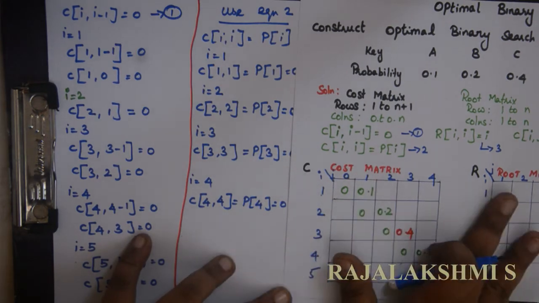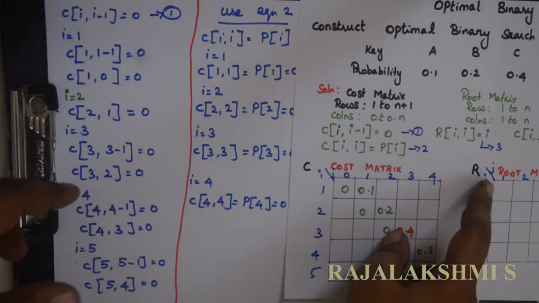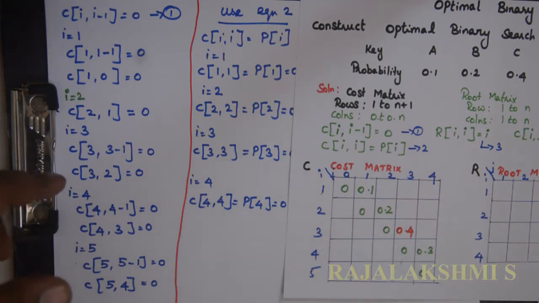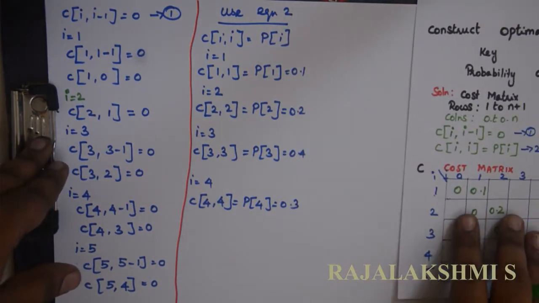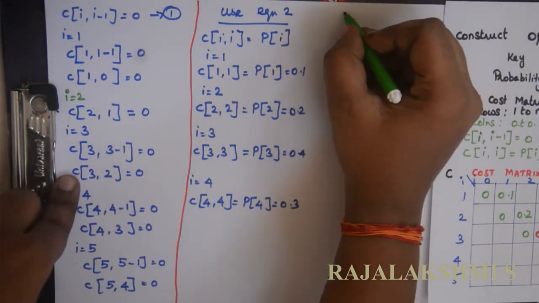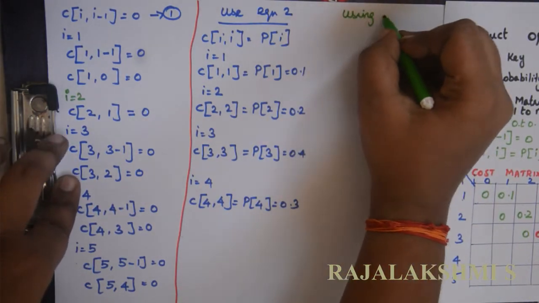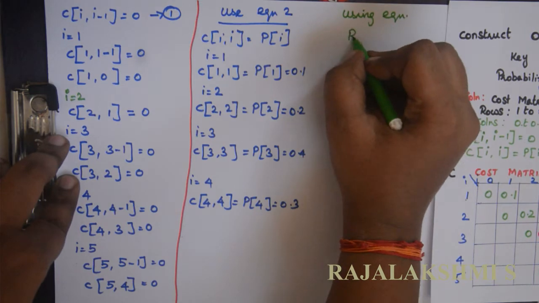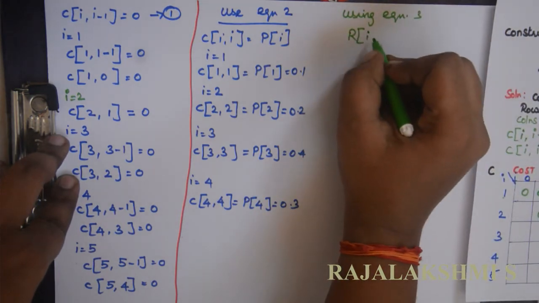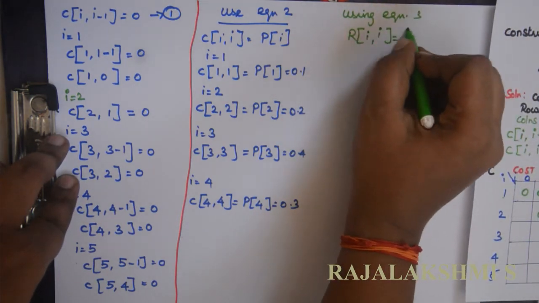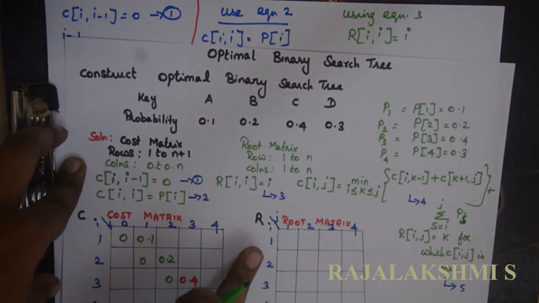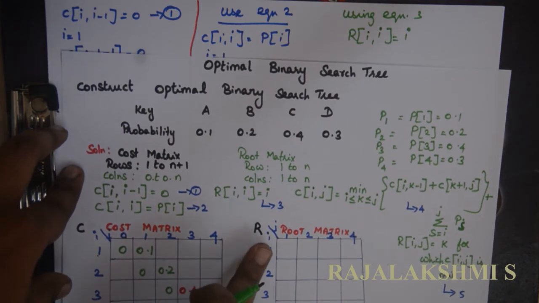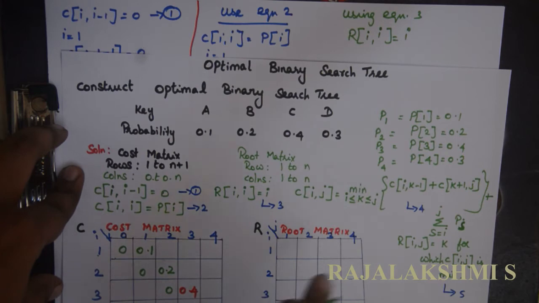So before that we will fill the initial value of the root matrix, using equation 3, which is R of I comma I is equal to I. If you see the R matrix, it starts from the value 1, right? So I initially takes the value 1, then 2, then 3, and then 4.